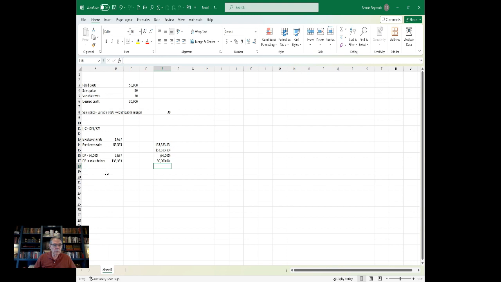So the last one, of course, is if we are constricted by the volume in step one, what would be the new sales price? So we have an overhead of $50,000 and we're constricted to this volume that we found in step one.